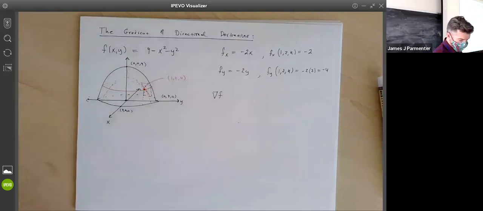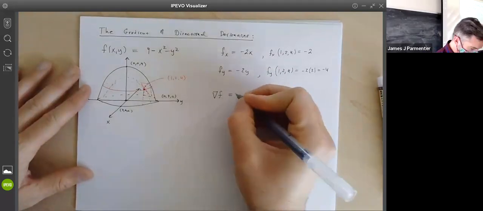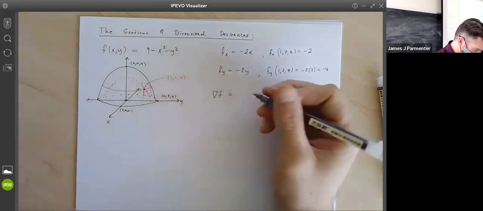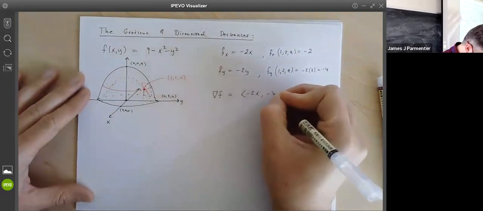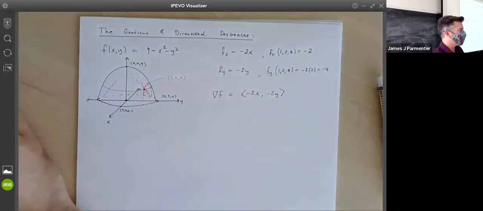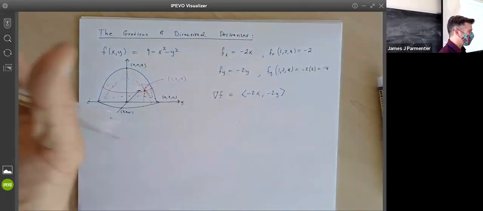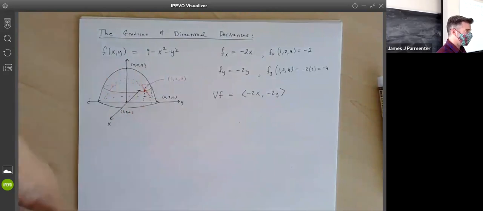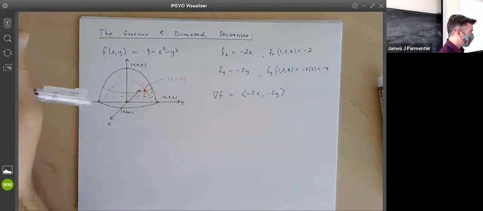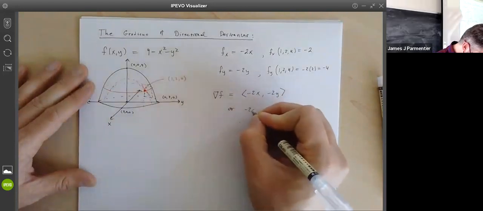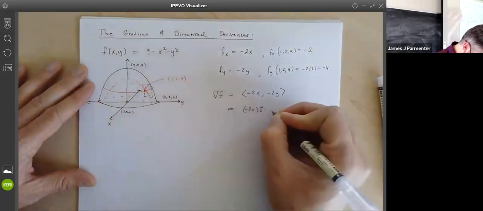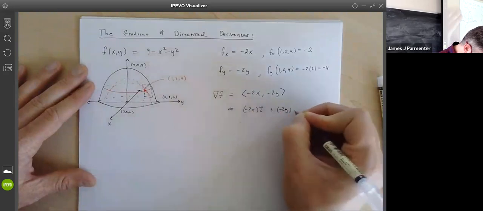For this function of 2 variables, our gradient is going to be, and how do I want to write this? There's so many ways to write it. You can write it as a vector like negative 2x comma negative 2y. I don't know, what preferred notation are you guys using in class? Are you using i's and j's? No? Okay. Both? Okay. So you can write it like this, or negative 2x i plus negative 2y j.